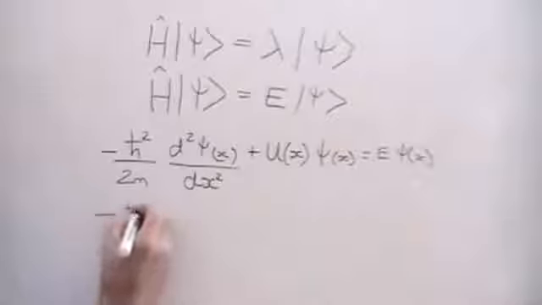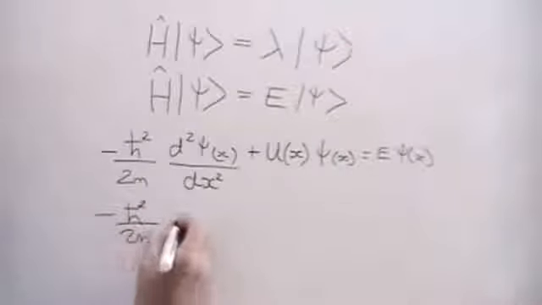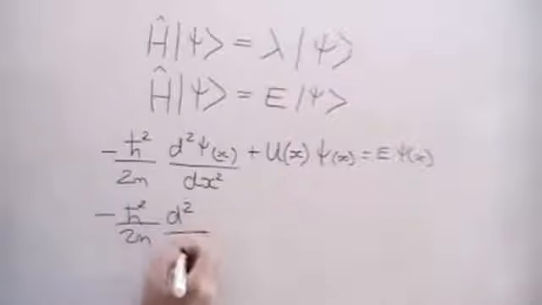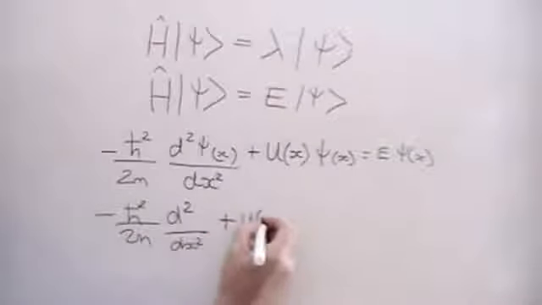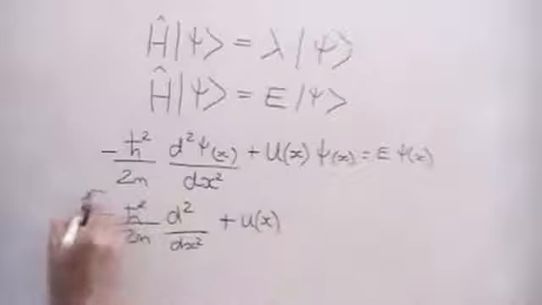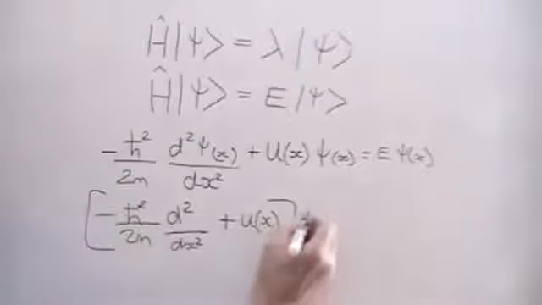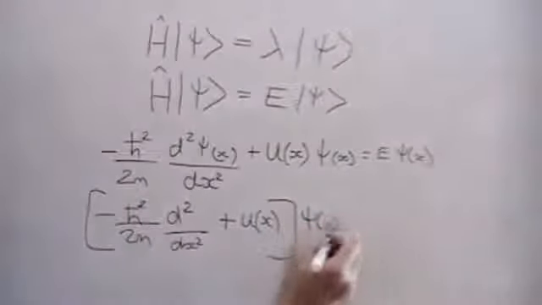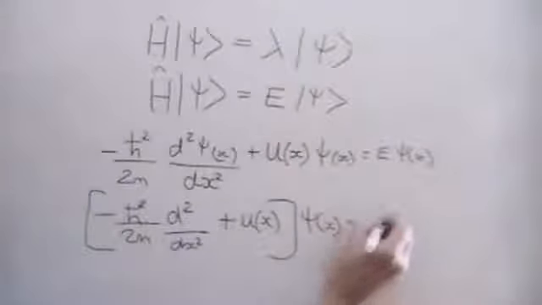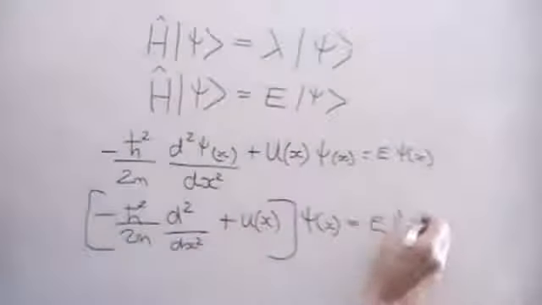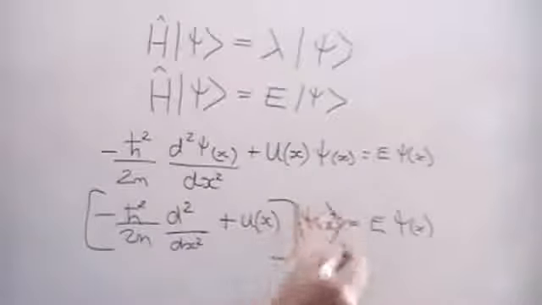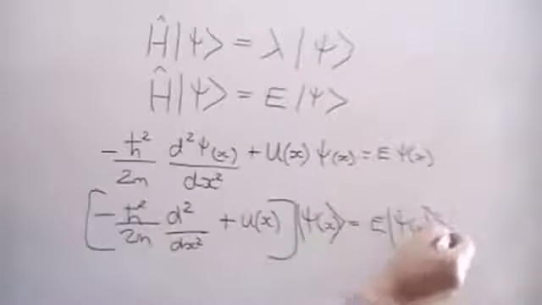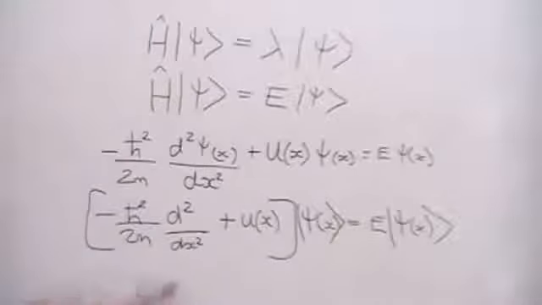Minus h bar squared over 2m, d2 by dx squared, plus u of x, all acting on psi of x, is equal to E psi of x. And if I put those psi's now in Dirac notation, you can see we've got a format.